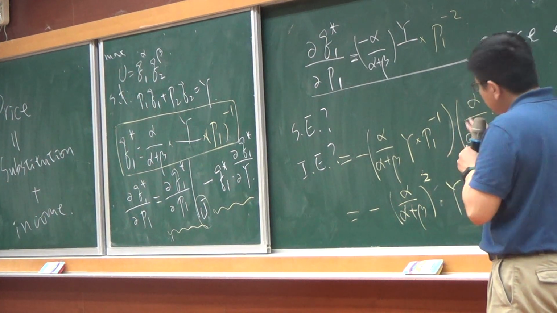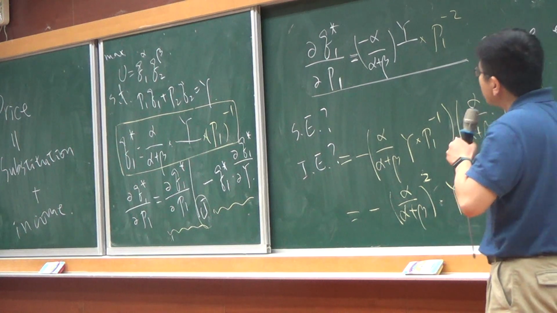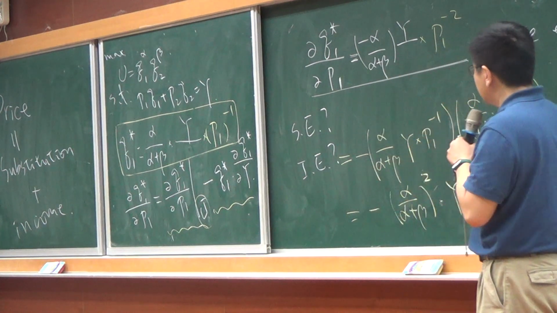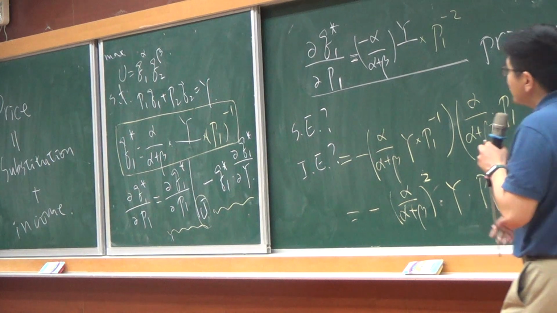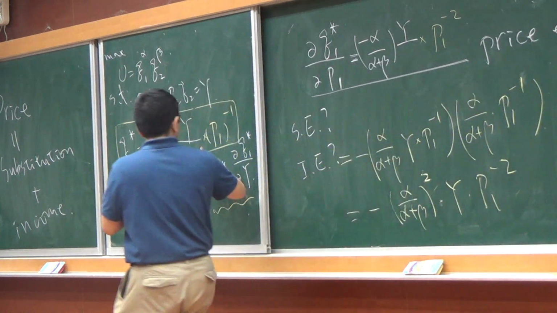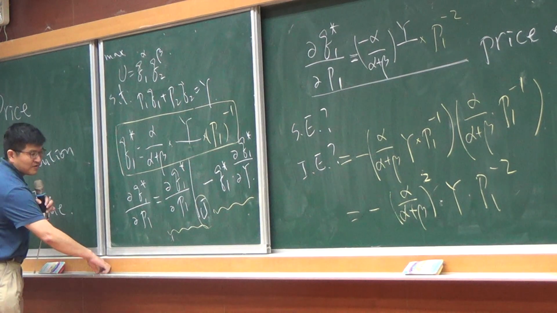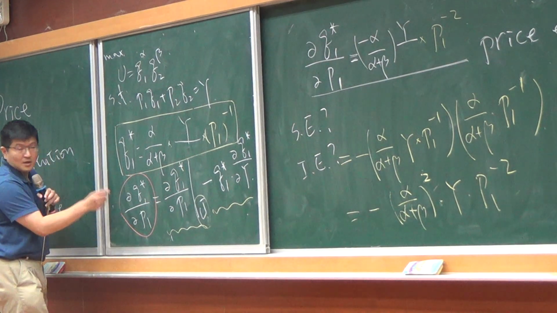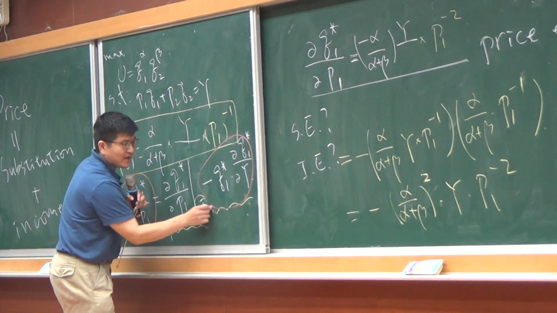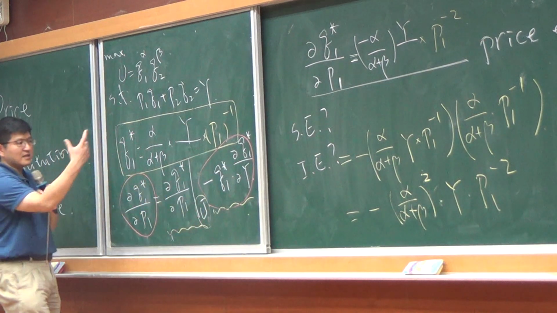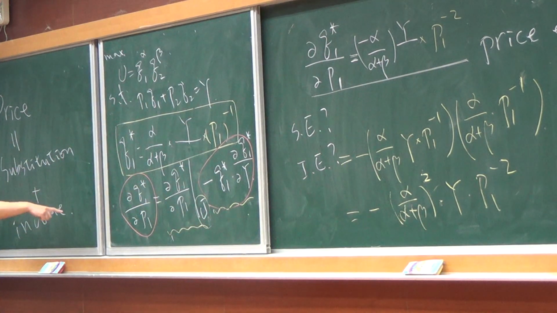Price effect, income effect. So what about substitution effect? You just rearrange the equation. Now we have the price effect. We also have the income effect, and we just take the income effect to the left, right?